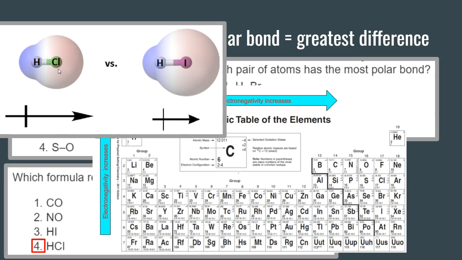So it makes sense that the distance between H and Cl is smaller compared to H and I. Therefore, Cl is going to be closer to H compared to I and H. So Cl is pulling the electrons of H closer toward it and with more force because the distance between these two atoms is smaller compared with that of HI, which has a much larger radius. Therefore, there's going to be more polarity present in this molecule compared to this molecule.